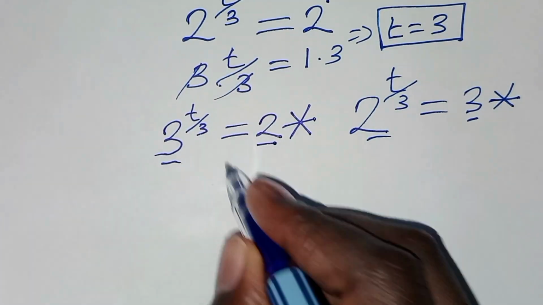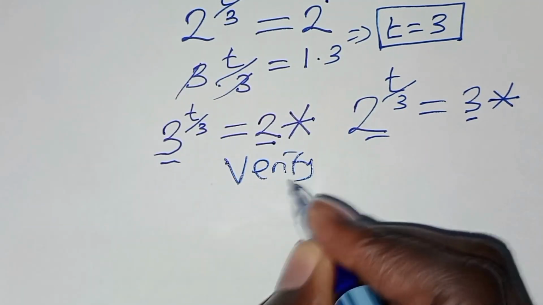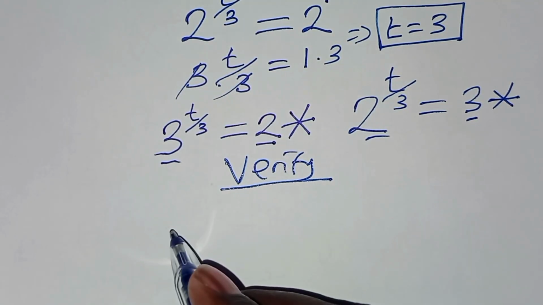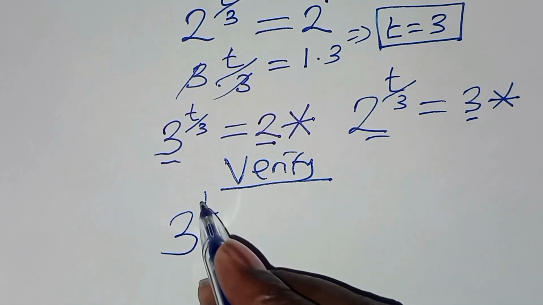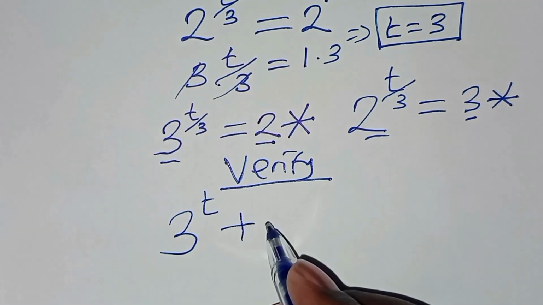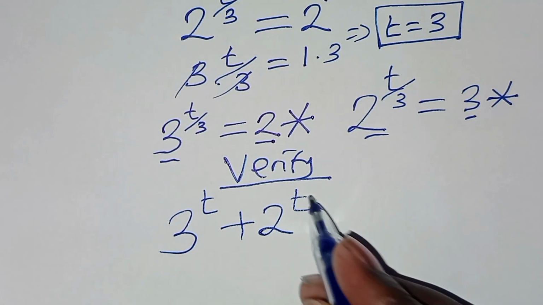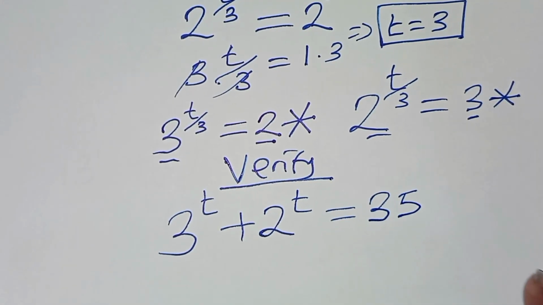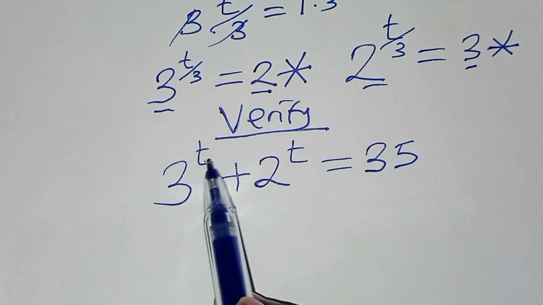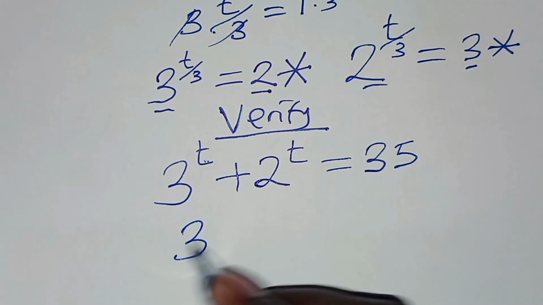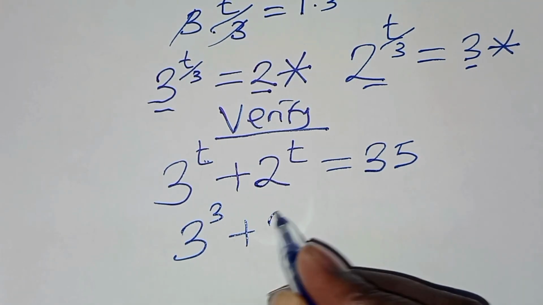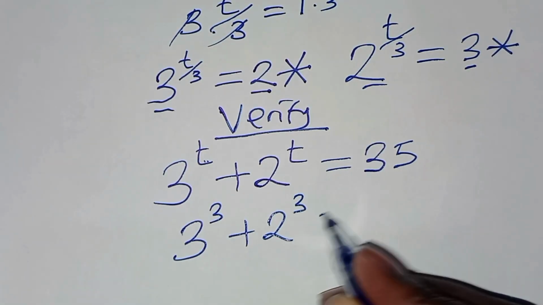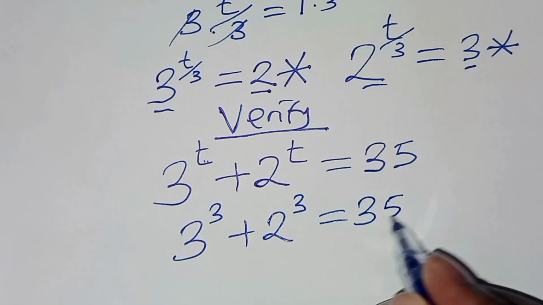So let's verify here. We have that 3 to power t plus 2 to power t should give us a value of 35. Substituting the value of t here, we'll have 3 to power 3 plus 2 to power 3, which should give us a value of 35.